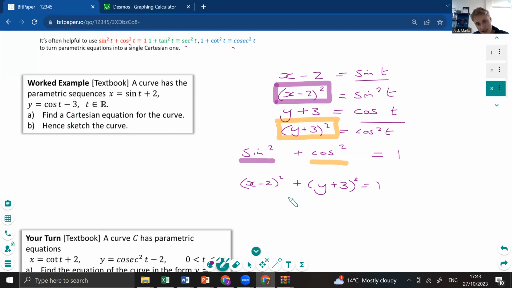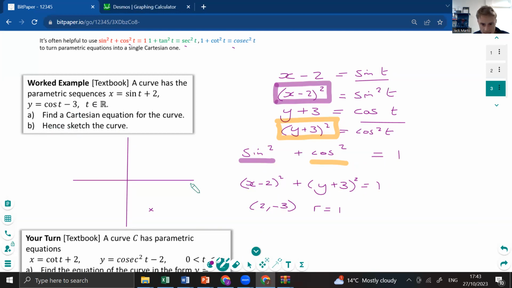Sketch it. Well, interestingly enough, you might recognize that's the format of a circle with a center of 2, minus 3 and a radius of 1. So you could just draw a circle. So where did we say it was? We said center is 2, minus 3, so it's about there somewhere.